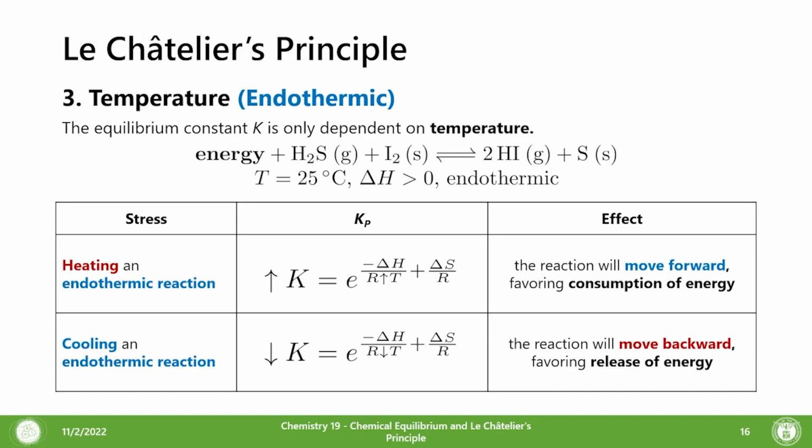For rehydrating the crystals of copper sulfate, it's actually exothermic because it releases heat. Okay, so the equilibrium constant K is only dependent on the temperature. Okay, we've defined this kanina. K is equal to E raised to negative delta G divided by RT.